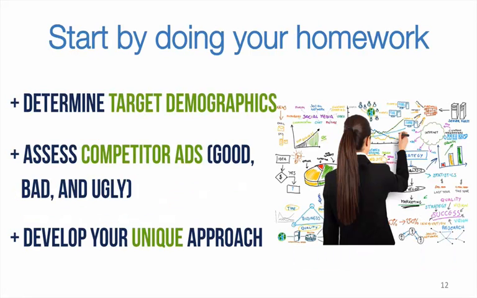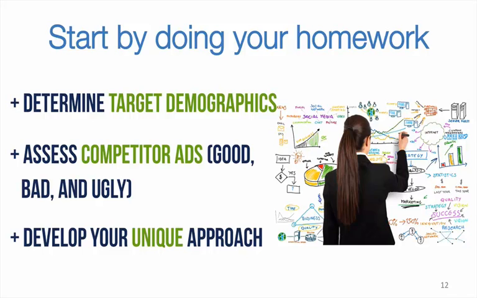All right. Number two, or excuse me, you've got to start by doing your homework. To create these compelling ads, you've got to start by doing your homework, okay? An ad that is compelling to one person is not going to be compelling to another person. So you've got to determine who it is that you're going after with your ad.